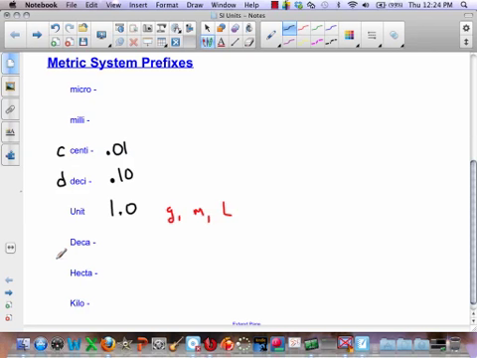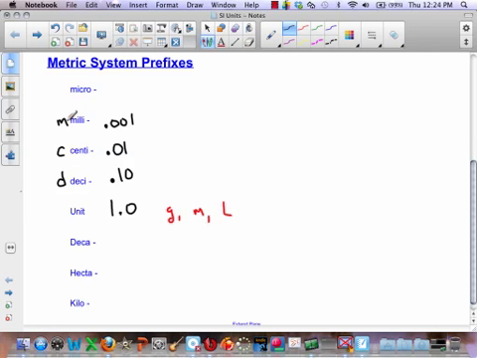So milli meaning what? How long is a millennium? 1,000 years. So milli means 1,000, so it's 1,000 of a meter. So 0.001. Notice all I'm really doing is moving that decimal 1 more unit to the left every time. That's represented with the lowercase m.